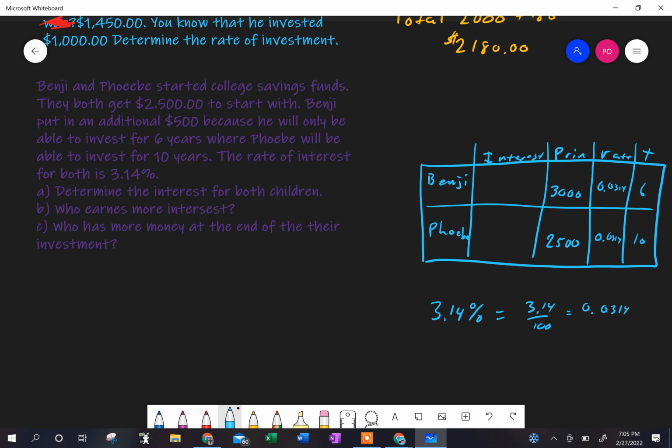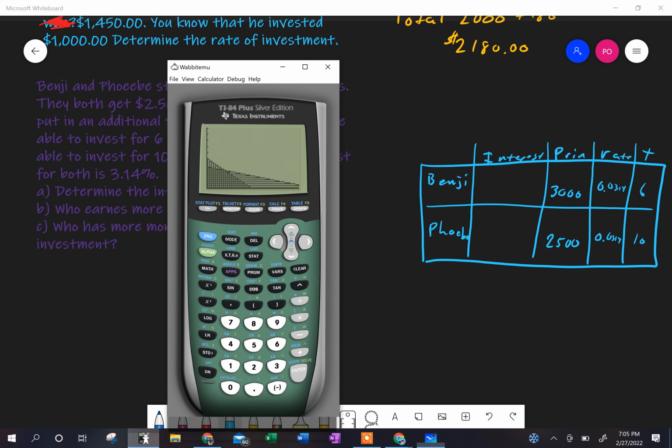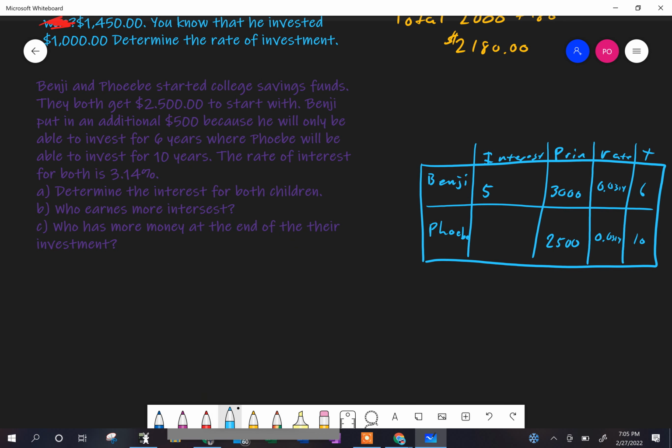So the nice thing about this is, now that we have this little table here, all I have to do is go to my calculator. I'm going to do Benji first. So it looks like we have 3,000 times 0.0314 times 6. And that gives us an answer of $565.20.